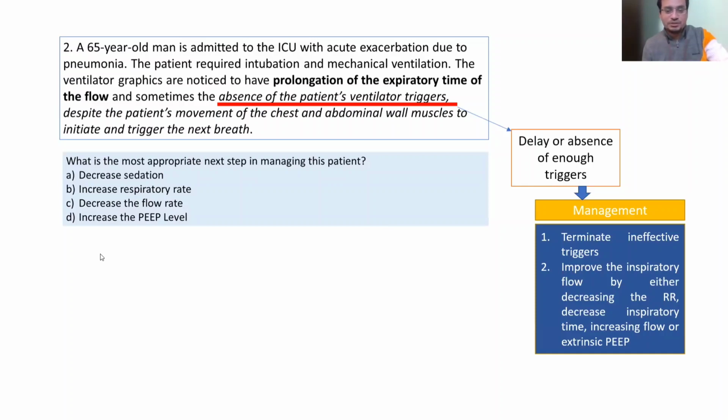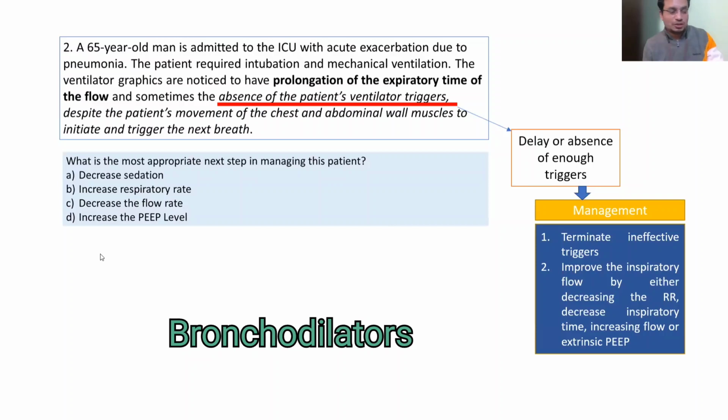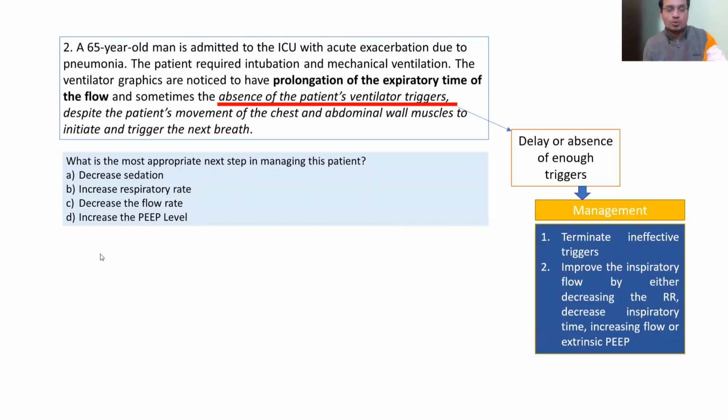Or you manage the intrinsic PEEP by giving some bronchodilator or by giving extrinsic PEEP. How much extrinsic PEEP is required to nullify the intrinsic PEEP? You have to measure the intrinsic PEEP first, and about 80% of the intrinsic PEEP you keep as extrinsic PEEP to nullify its effect. So you have to probably increase the PEEP level. That is the correct answer to the question.